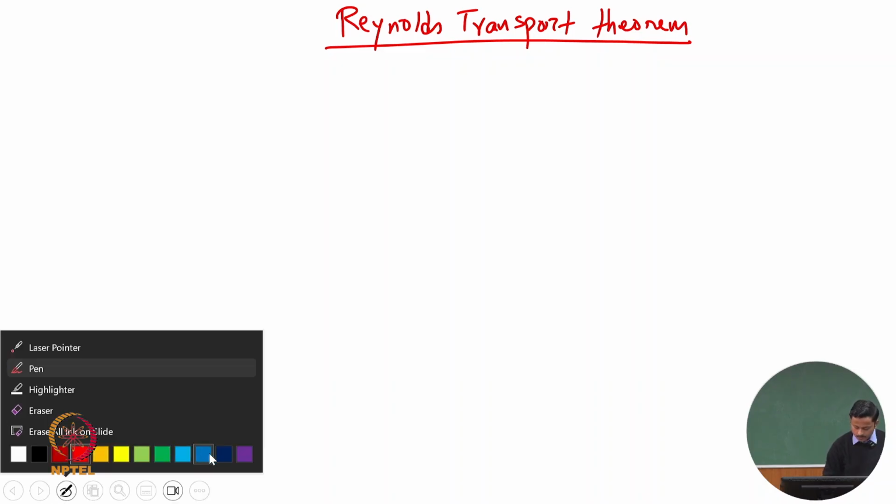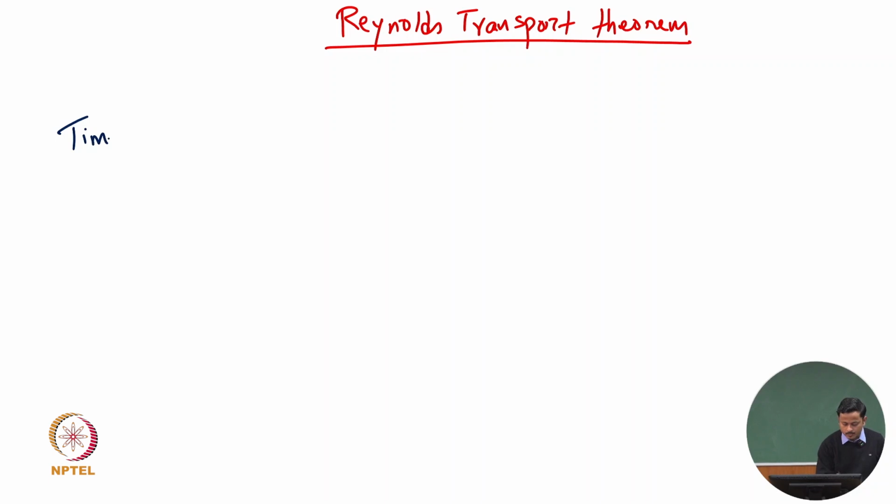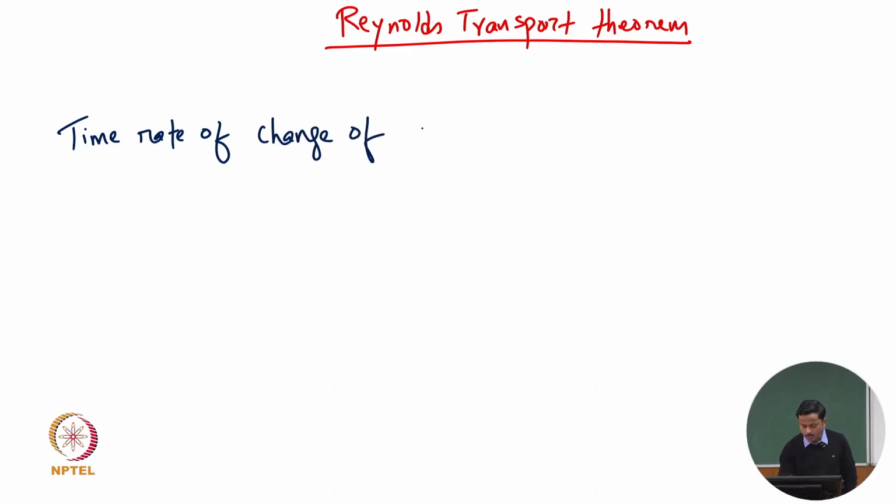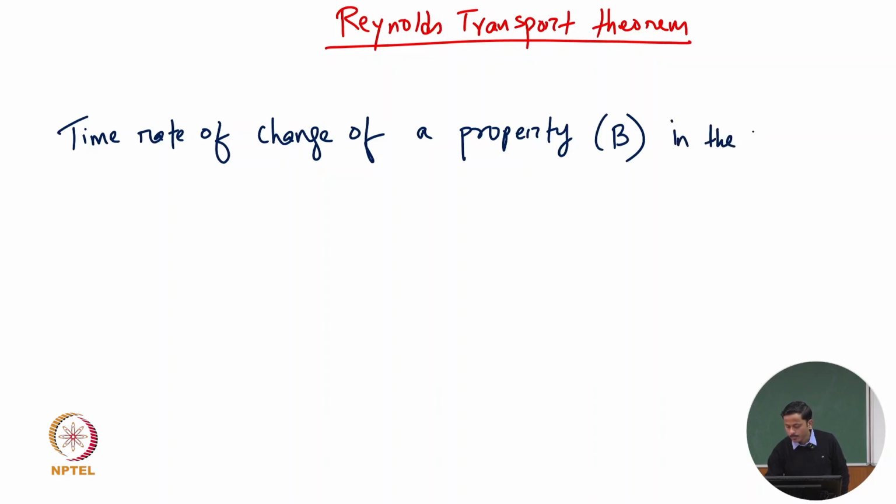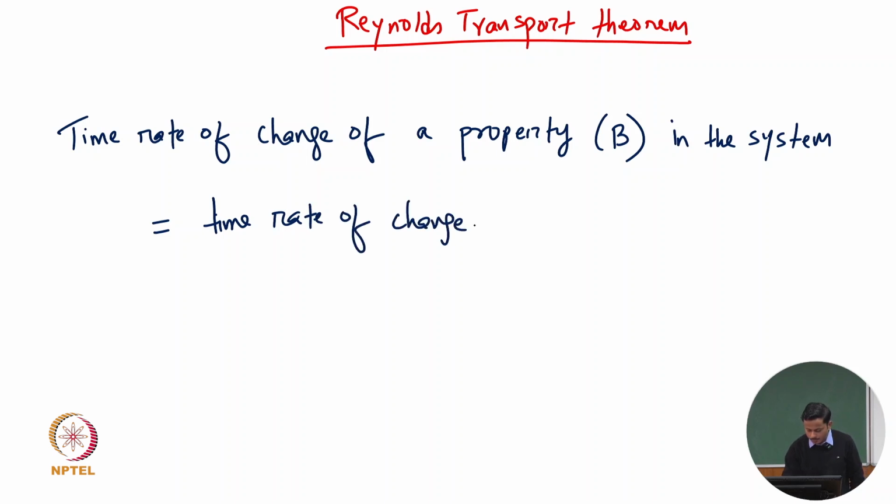So it says the time rate of change of a property, which we will be calling B in our derivation, in the system is equal to the time rate of change of B in the control volume.